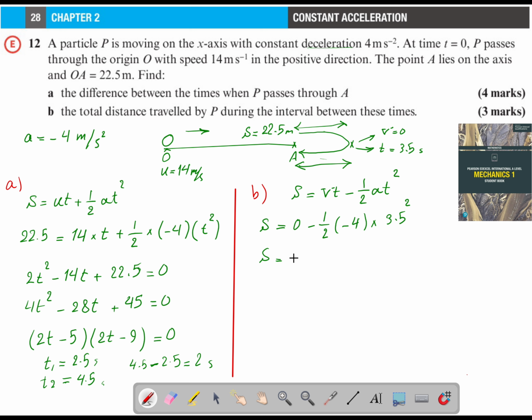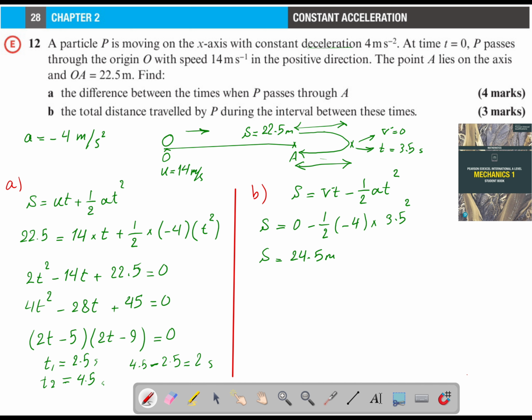S equals 24.5 meters. It means that from initial point O until this point where velocity is 0, displacement equals 24.5. So from O to A, displacement is 22.5 meters.